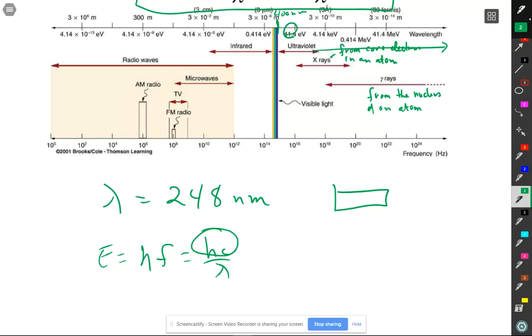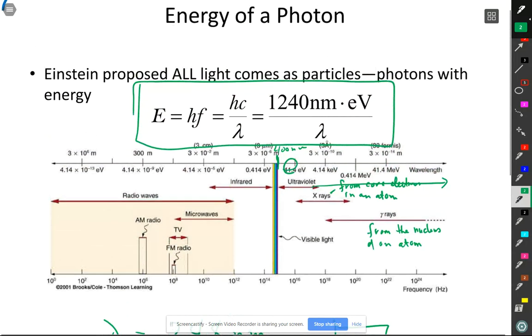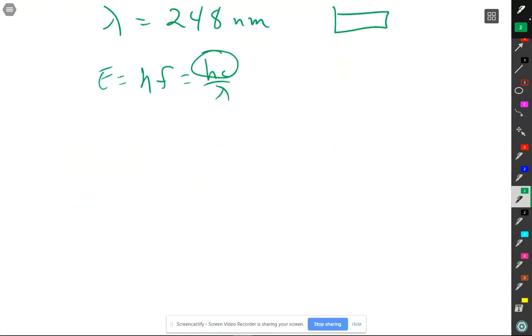But I want units in electron volts, and so you have to use that 1.602 times 10 to the minus 19 joules per electron volt. If you multiply it all together, hc is 1240 nanometers times eV. So my energy is equal to 1240 nanometers times electron volts over 248 nanometers.